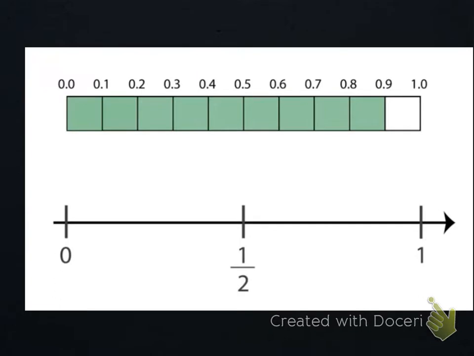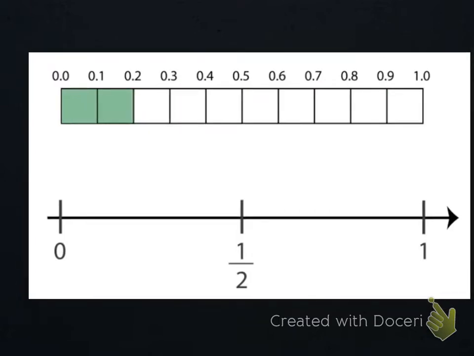If we look at 0.9, it's closest to the whole number of 1. We see it here, so therefore it would be here when we place it on the number line. Lastly, we see 0.2. 0.2 seems to be closest to 0. And if we place it on the number line, that is where it would be seen.